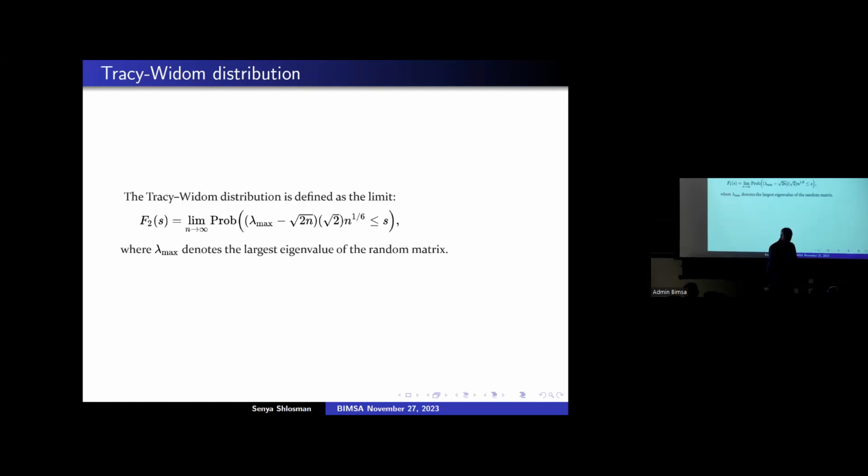You don't do such things there. But here is what you need to do in order to have some meaningful limit. This is a quite non-standard normalization. But if you want to have something which has a non-trivial limit, not uniform and not just a delta function, this is how you should normalize it.